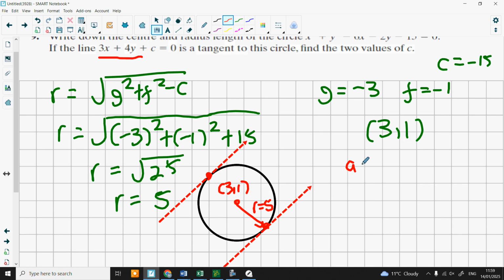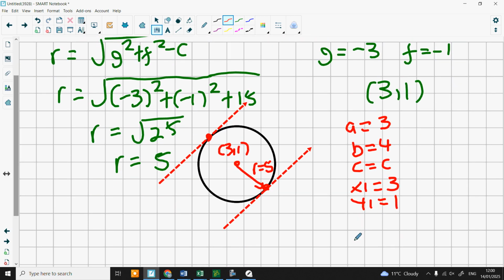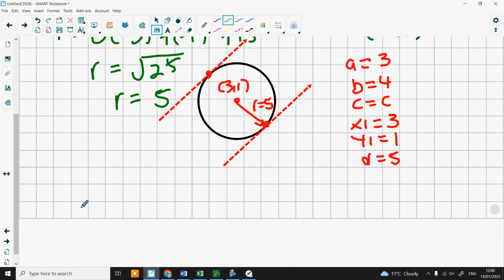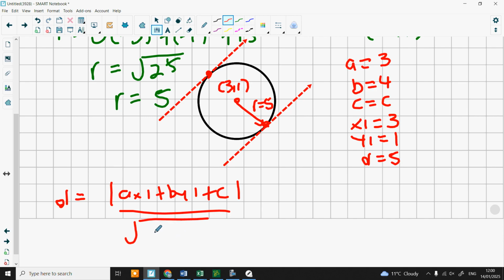So let's make our list. A is 3, B is 4, C is C, x1 is, anybody? 3, y1, 1, D, R value or D value, 5, and then you're throwing it all into this equation here. That's what we're going for.